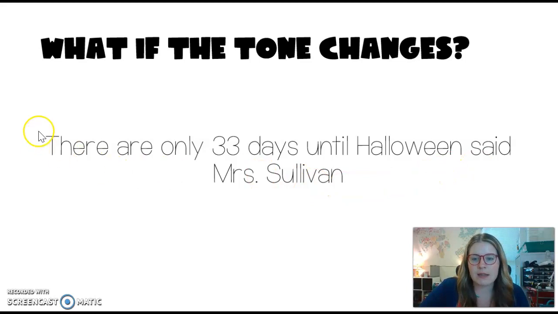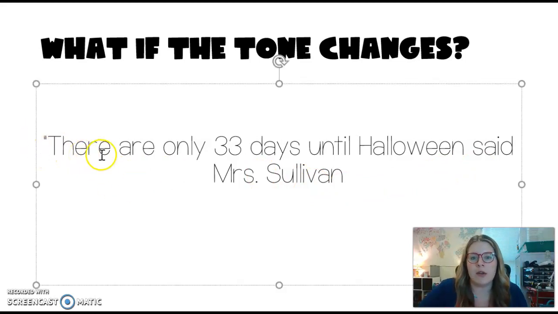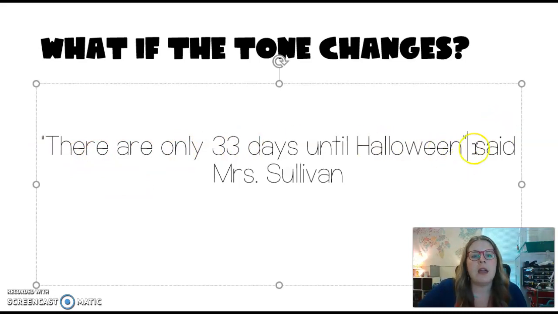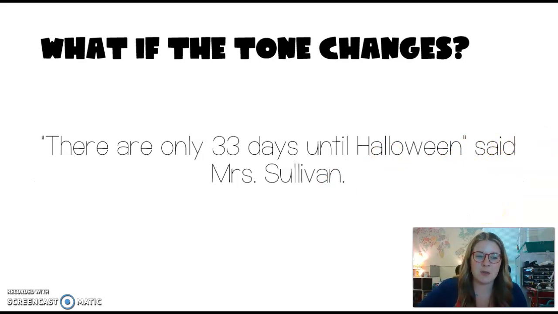Before I tell you what it is, I'm going to go ahead and add my quotation marks around what's being said. So "There are only 33 days until Halloween," said Miss Sullivan. So that's going to end in a period. But I'm missing one more thing. And this is where things get a little bit more funky. So "There are only 33 days until Halloween," said Miss Sullivan.